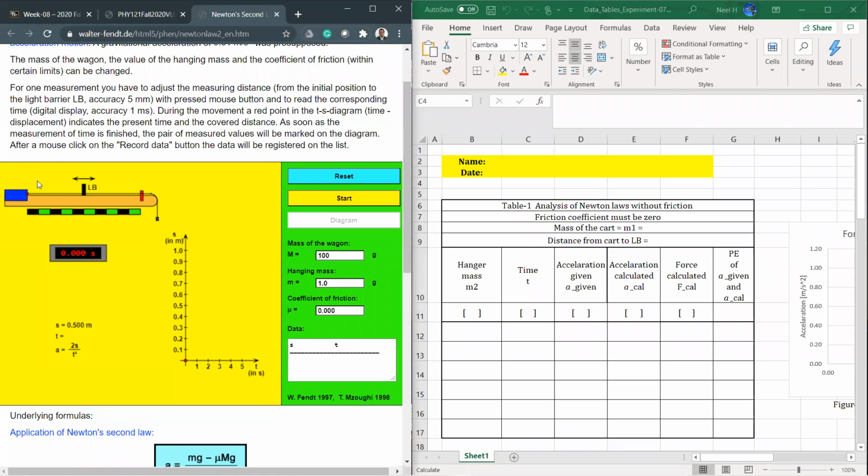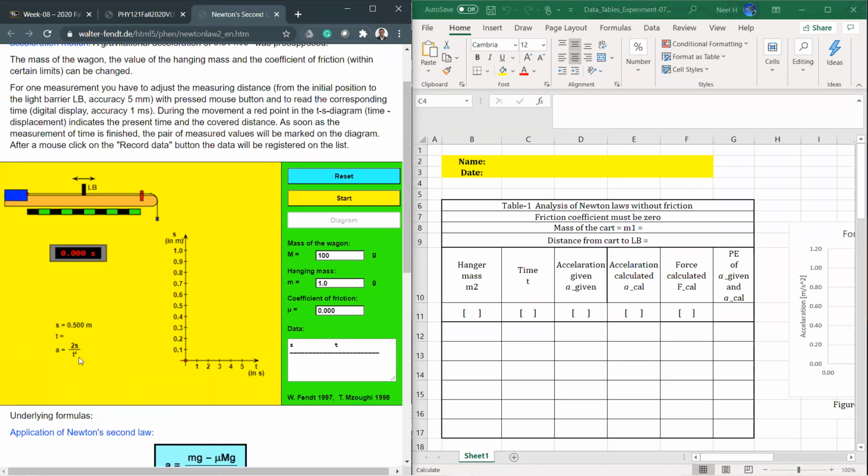So this has a constant acceleration A. I can use displacement equals initial velocity times T plus half A T squared. If you remember those equations from the very beginning of the semester, the cart starts with initial velocity 0. So I can find the acceleration, which is going to be 2 times the displacement divided by T to the power 2. This one right here.